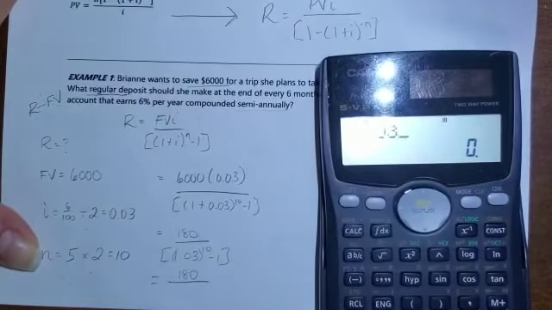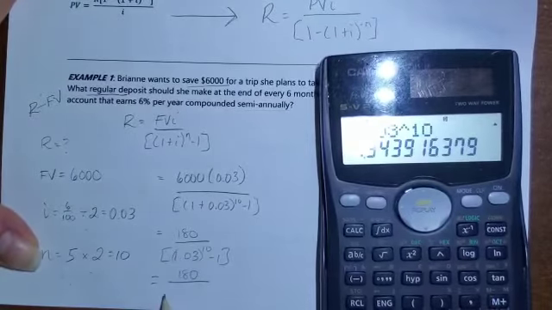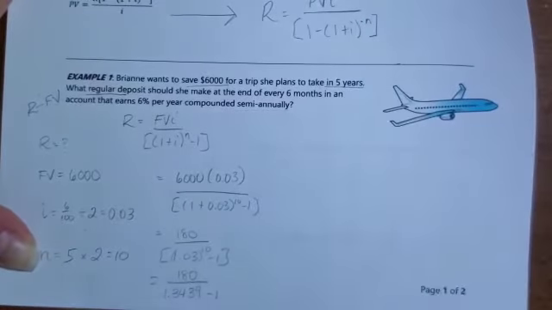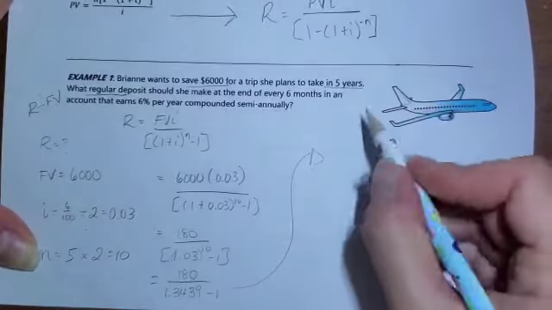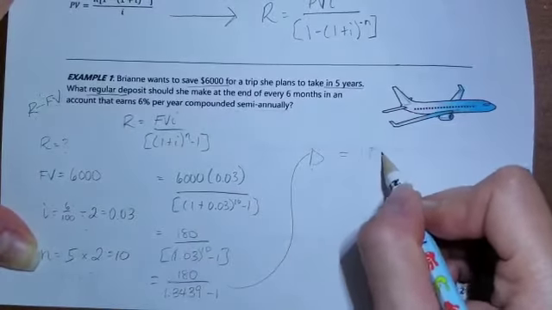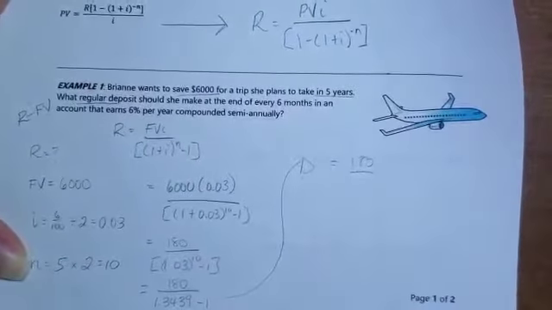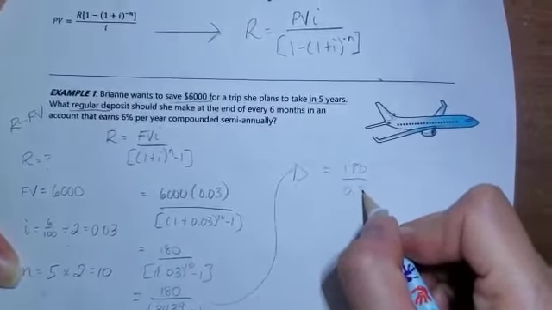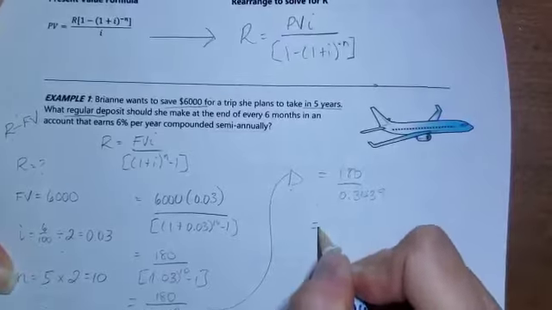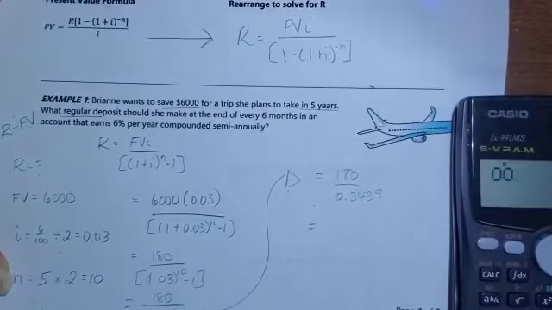So 1.03 to the exponent 10, keeping 4 decimal places, subtract 1 leaves us 0.3439.